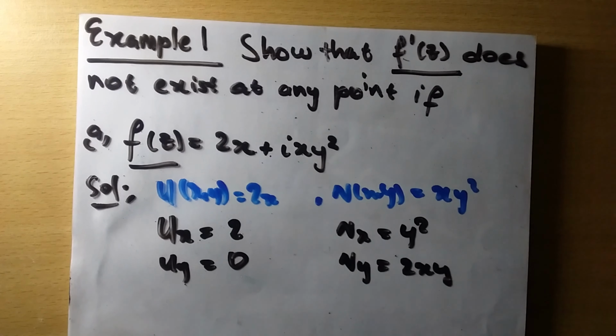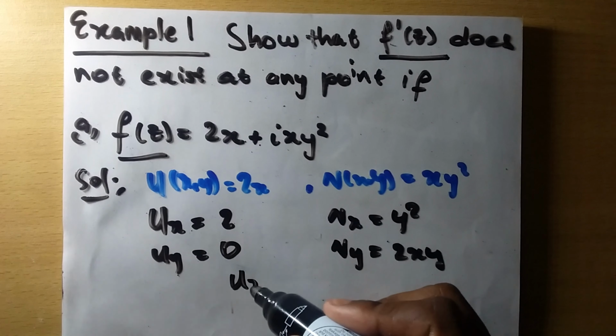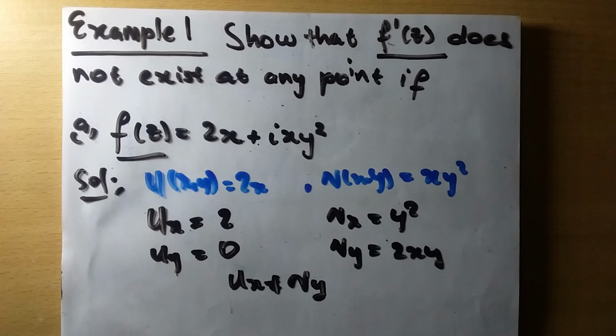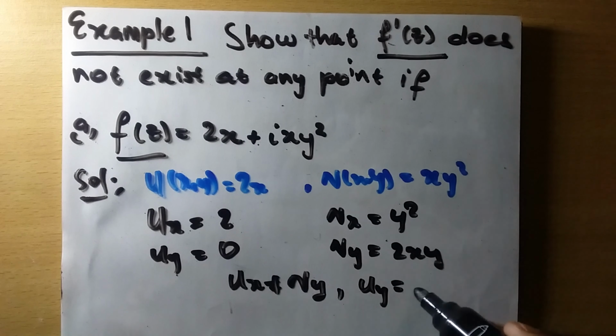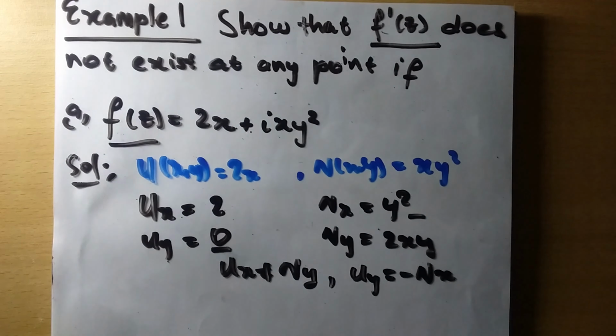2xy. If you check this, we can see that our u_x is not equal to our v_y. And we can also see that our u_y is not equal to negative v_x, because look at this, this is 0 and this is y squared, and these two things are not anywhere close to being equal to one another.